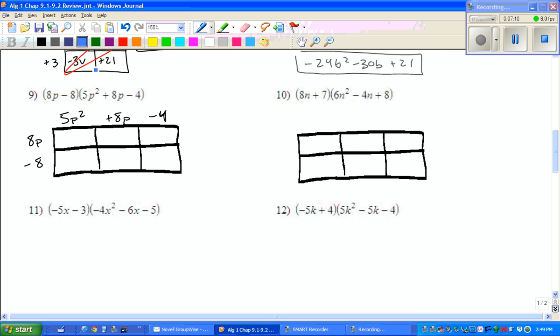So multiply inside, and we get 40p cubed. 8 times 8, we get 64. Don't forget the p's, p squared, minus 32p. Now on the bottom, you get negative 40p squared minus 64p plus 32. Okay? And we're going to look at the diagonals because those are the things that we can combine.